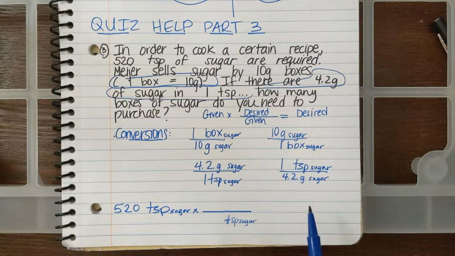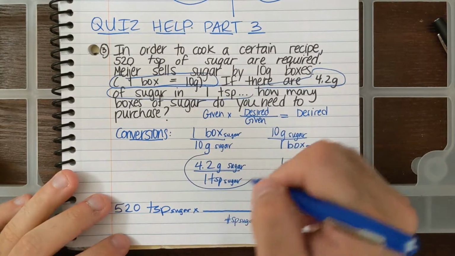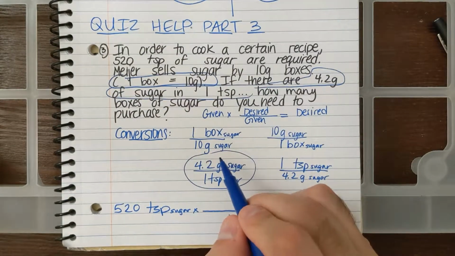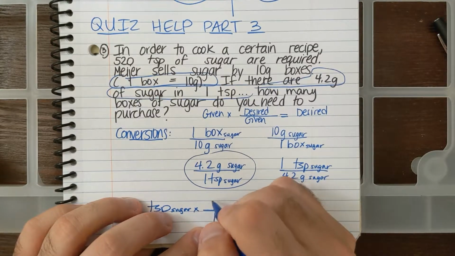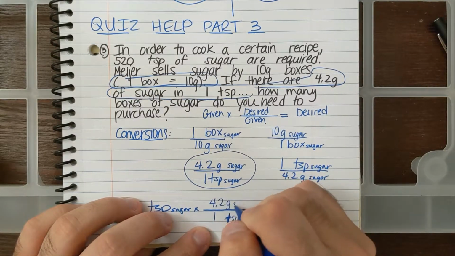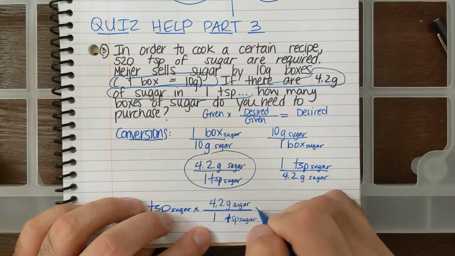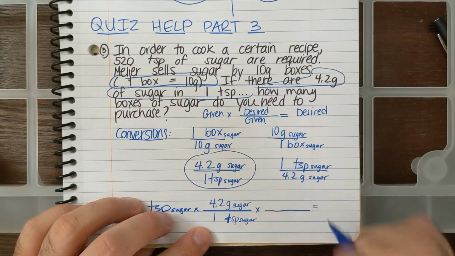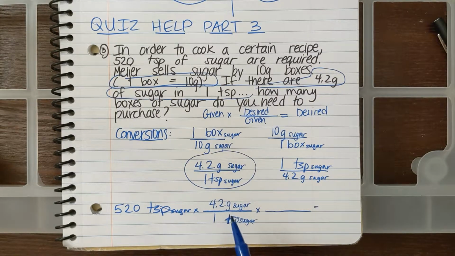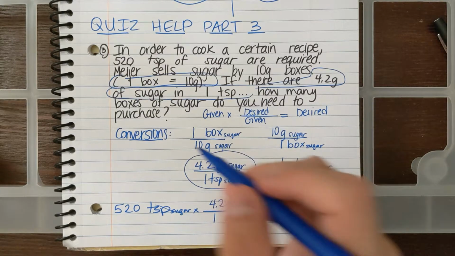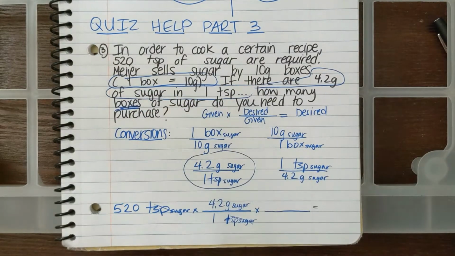And the only one that has teaspoons of sugar on the bottom is this one: 4.2 grams of sugar over 1 teaspoon of sugar. Now, if I do this dimensional analysis, I'm just going to get grams of sugar. But the question doesn't ask about grams. It says how many boxes of sugar.